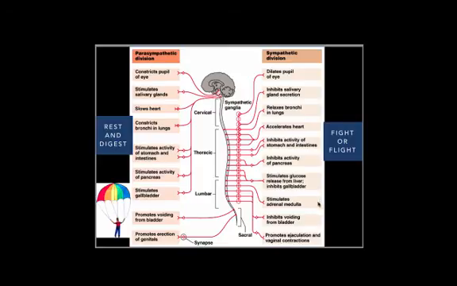This picture shows in detail the difference between what the sympathetic division of the autonomic nervous system does and what the parasympathetic does. I've put these little sidebars here, so if you remember that sympathetic is fight or flight, you can read through this list of responses of the effectors that are triggered by the sympathetic nervous system.